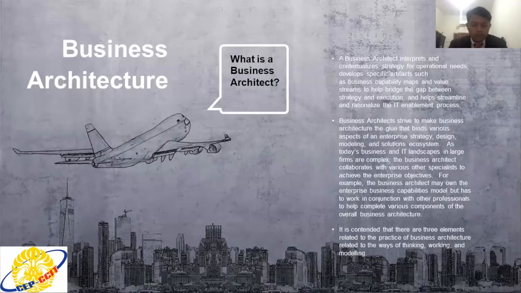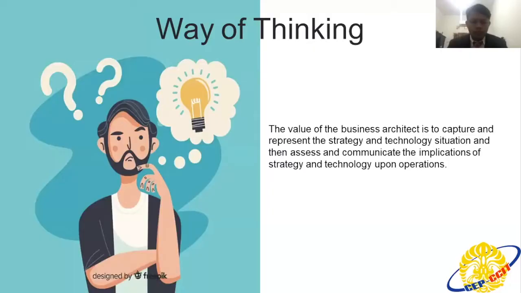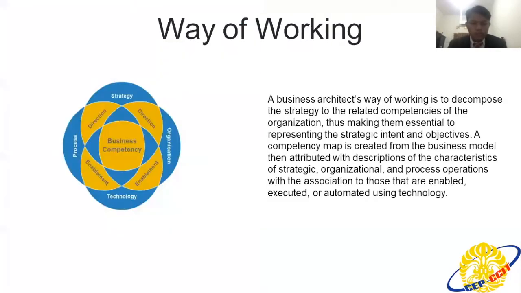There are three elements related to the practice of business architecture: the way of thinking, the way of working, and the way of modeling. In the way of thinking, the value of the business architect is to capture and represent the strategy and technology situation, and then ask and communicate the implications of strategy and technology upon the operation.